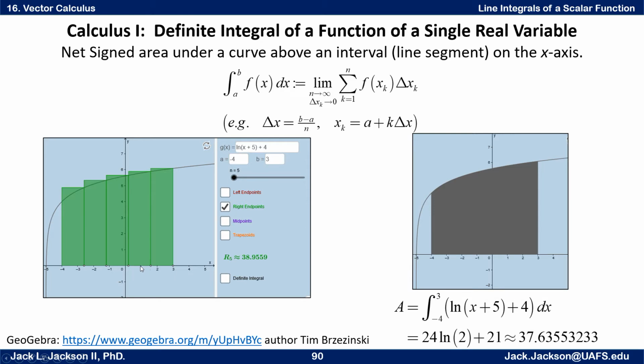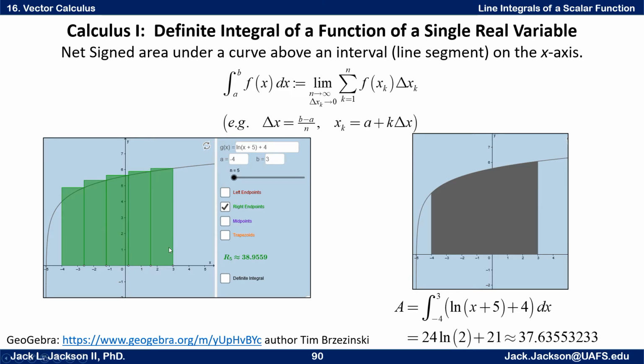We call that x sub k, and then we go all the way up until we get to the function value, and that gives us the height of the rectangle. So delta x sub k is the width of the kth rectangle. The x sub k is some arbitrary or systematic x in that interval.